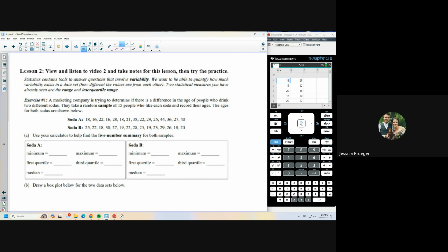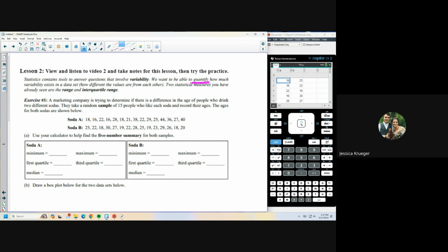At the top, it says statistics contains tools to answer questions that involve variability. Remember, statistical questions are questions that don't have just one answer. We would need to gather a bunch of data and then interpret the data to be able to answer the question. We want to be able to quantify.